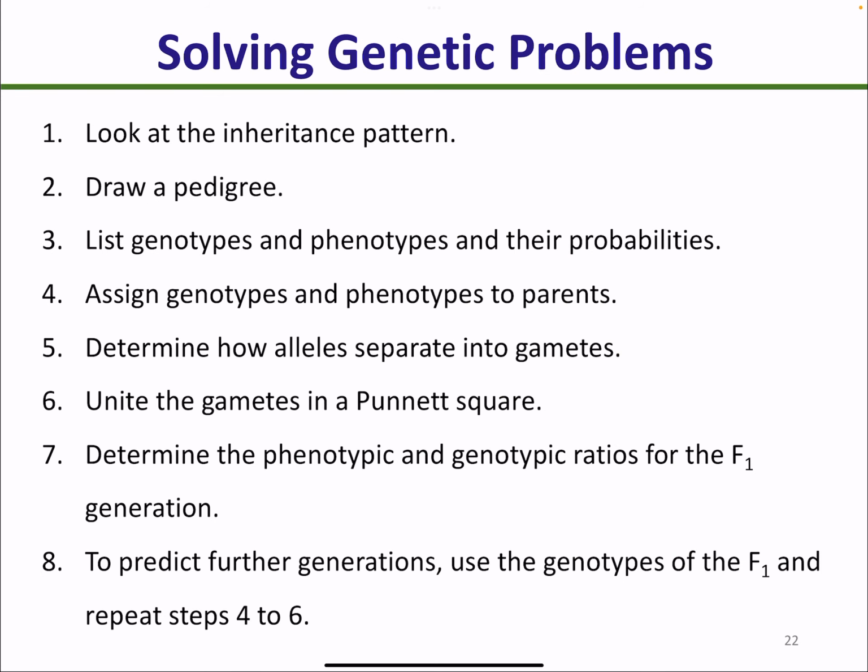Now, when we want to solve problems with X-linked genes, how do we go about this? Well, the way we are going to go about this is to first of all look at the inheritance pattern, right?